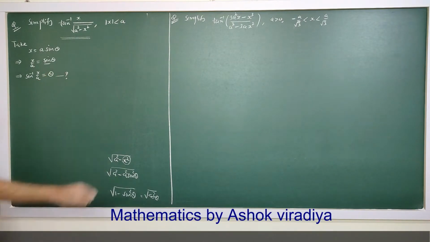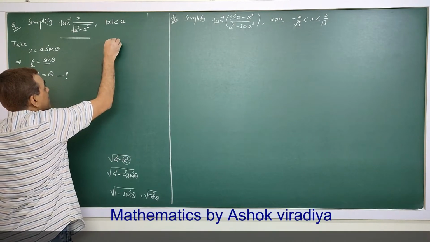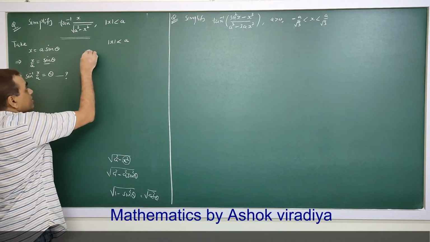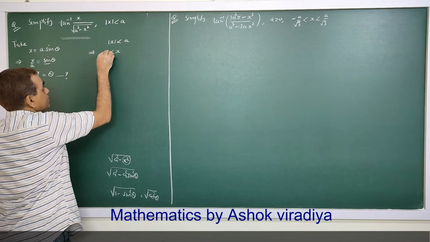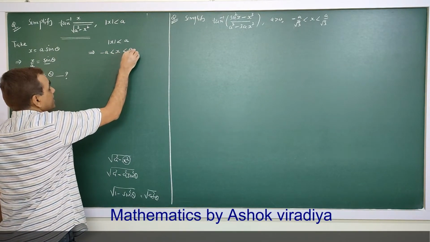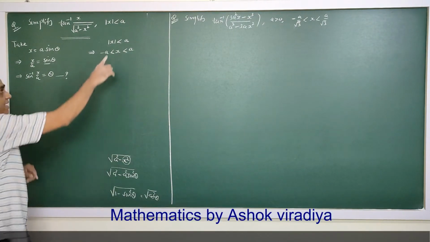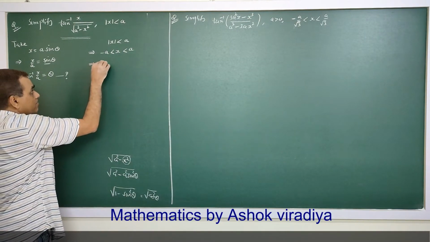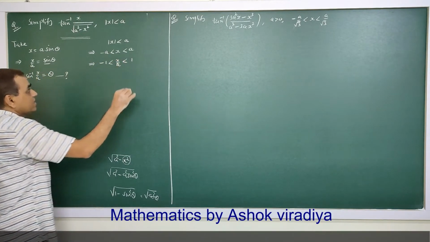We come to this condition: modulus x is less than a, that means x lies between minus a and a. Dividing by a, minus 1 is less than x by a, which is less than 1.